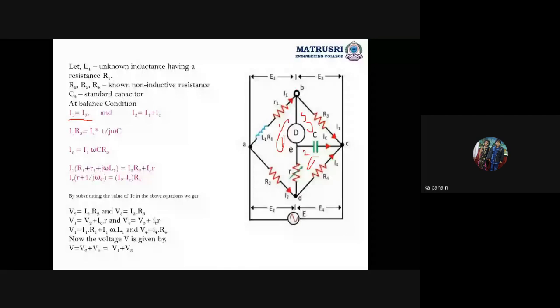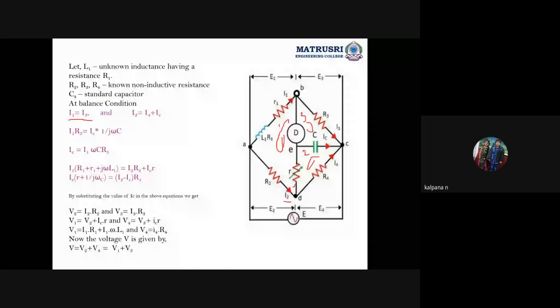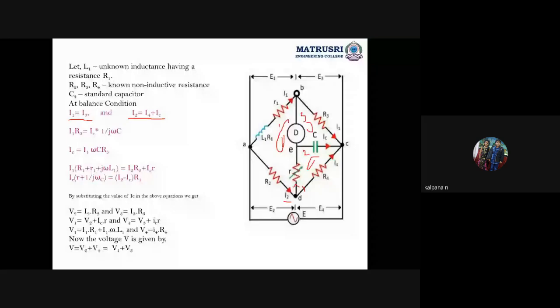Next, the current flowing through the branch AD is I2. But after coming to this point, I2 is divided into two currents. The current flowing through the variable resistor and the capacitor is IC.